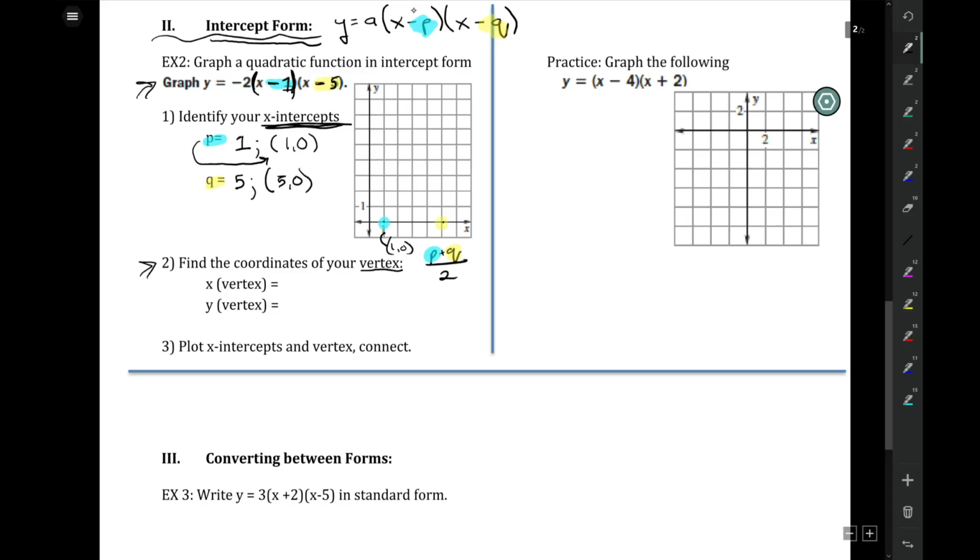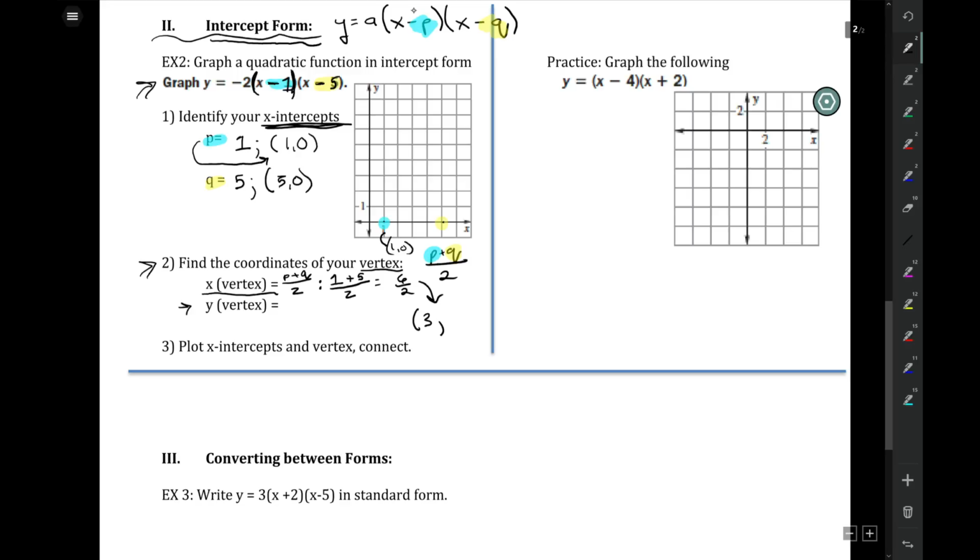Now this just tells me the x-coordinate. So we have 1 plus 5 divided by 2, that's 6 over 2, and the x-coordinate is 3.